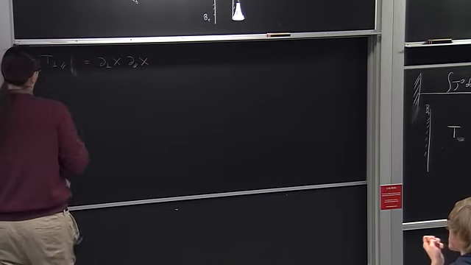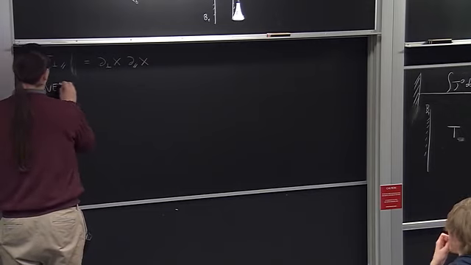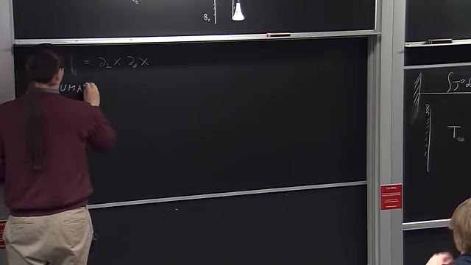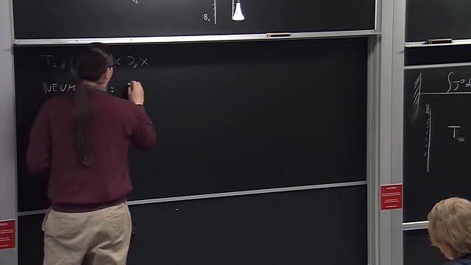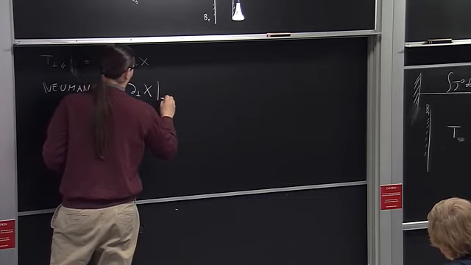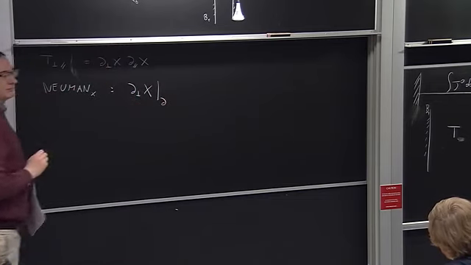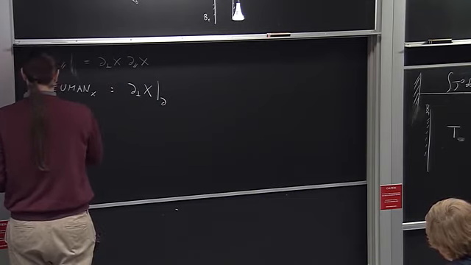So there are two natural free boundary conditions. One is called Neumann, which sets the perpendicular derivative of X at the boundary to vanish. And the other is called Dirichlet.